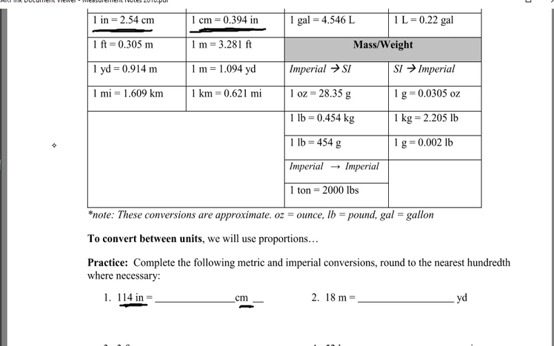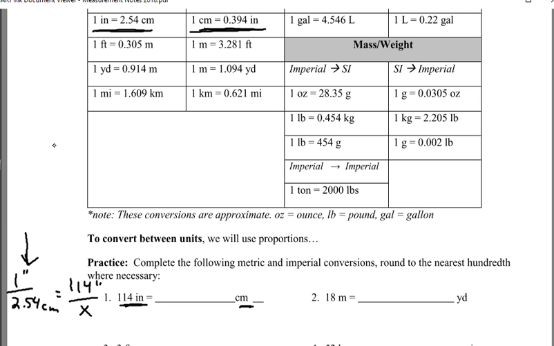So I could set up one ratio that says 1 inch is 2.54 centimeters, and we want to figure out 114 inches is how many centimeters. Because our first ratio comes from the chart.